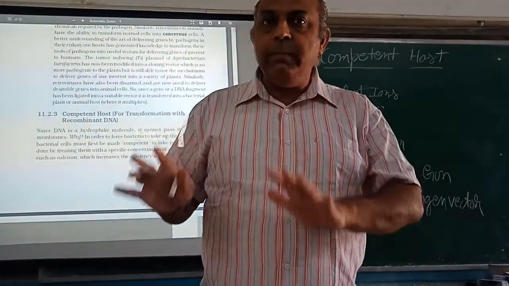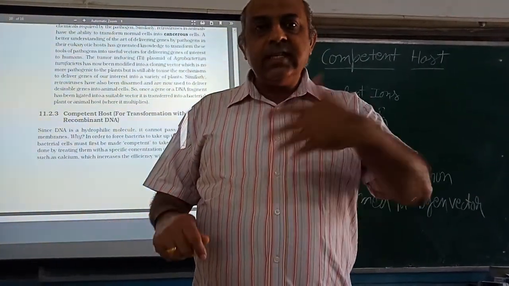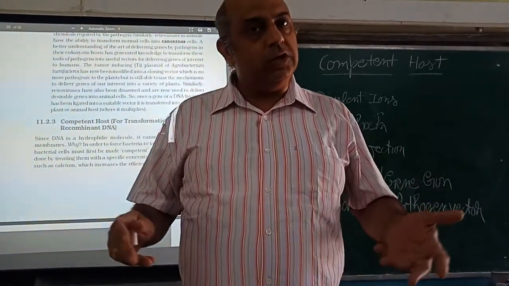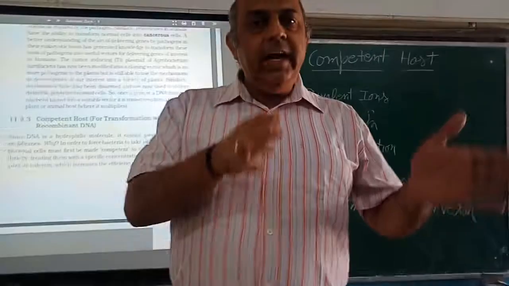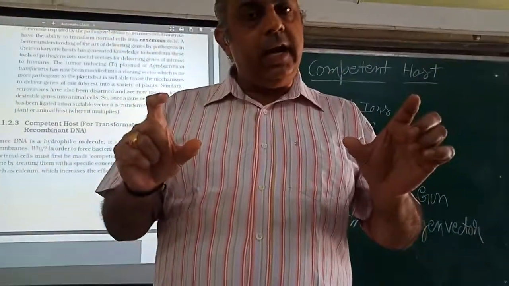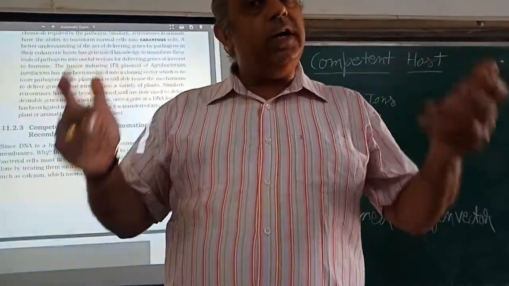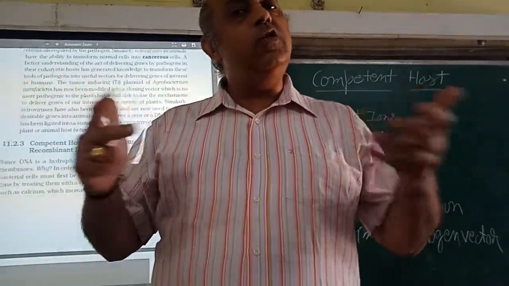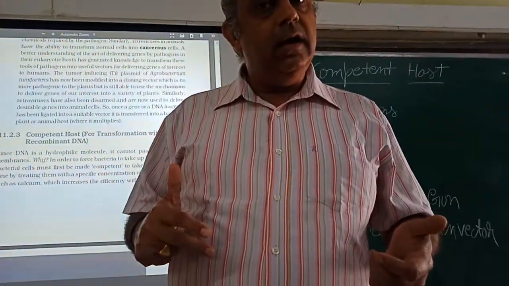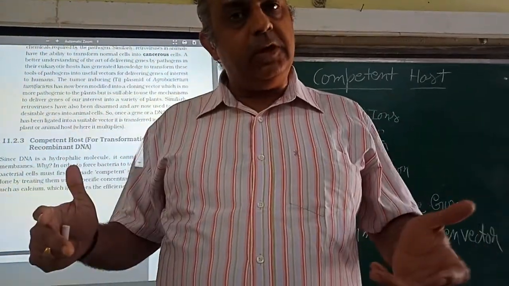After forming the recombinant DNA, the next step is transformation. Transformation means the sending of that recombinant DNA into a bacteria, into a plant cell, or into an animal cell. The process is called transformation.